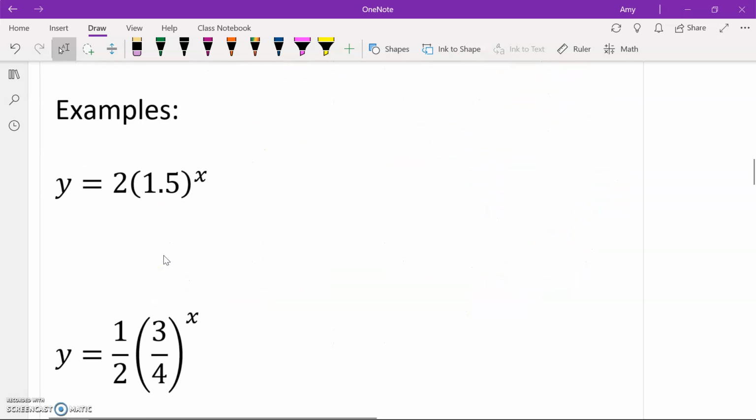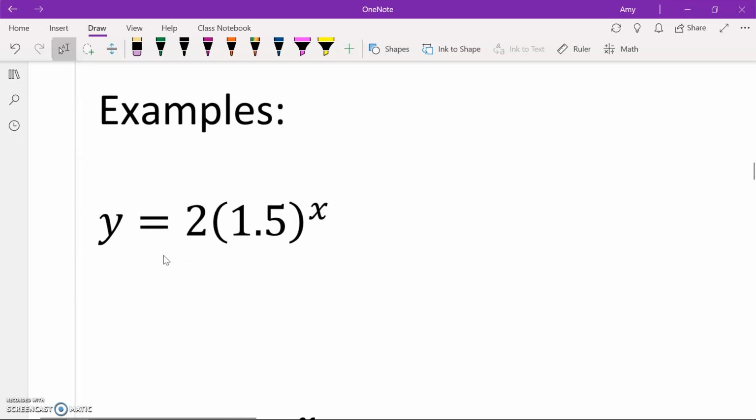So let's first practice identifying the initial value and the growth factor. What do you think the initial value is in this first example? Remember, your initial value is the number that is not raised to an exponent. So in this case, the 2 is our initial value.